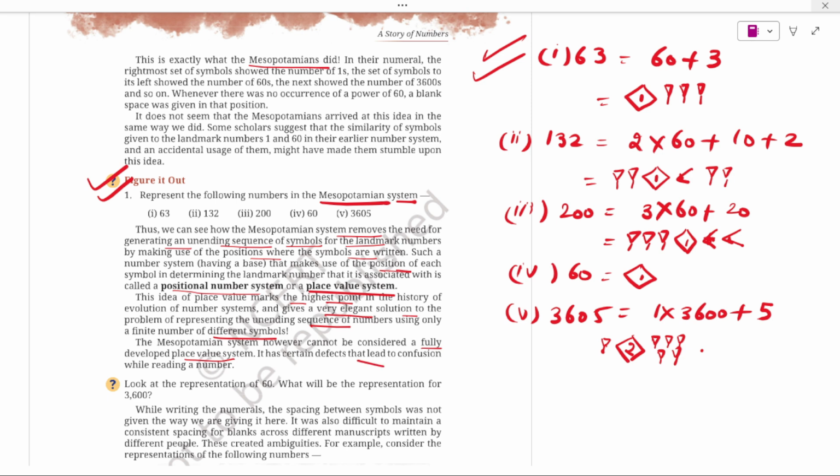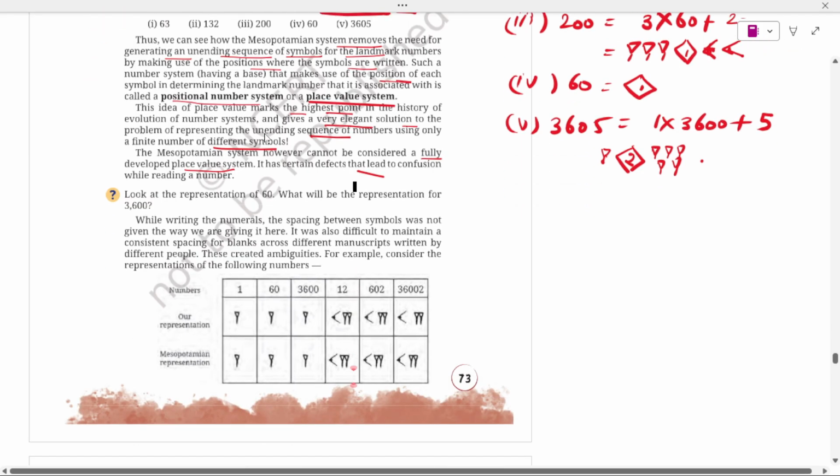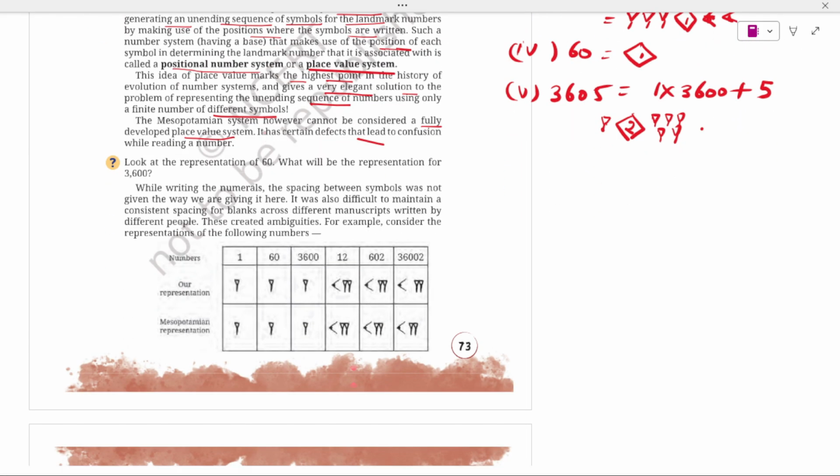Look over there, 3600. Look at the presentation of 60. What will be the representation of 3600? While writing the numerals, the spacing between symbols was not given the way we are giving it here. Our presentation is this and the Mesopotamian presentation is this.